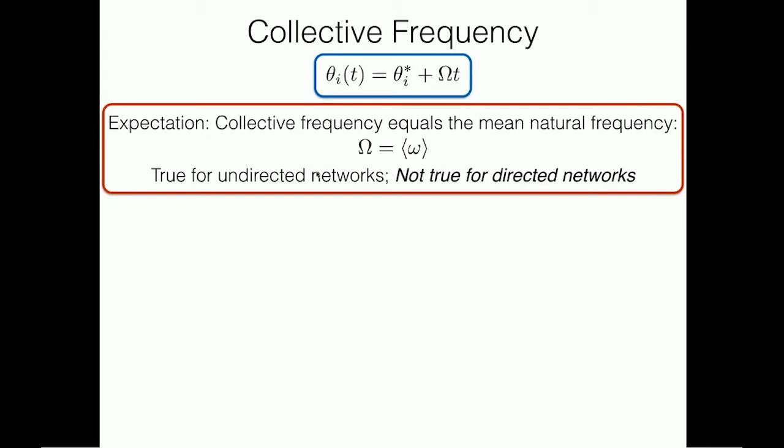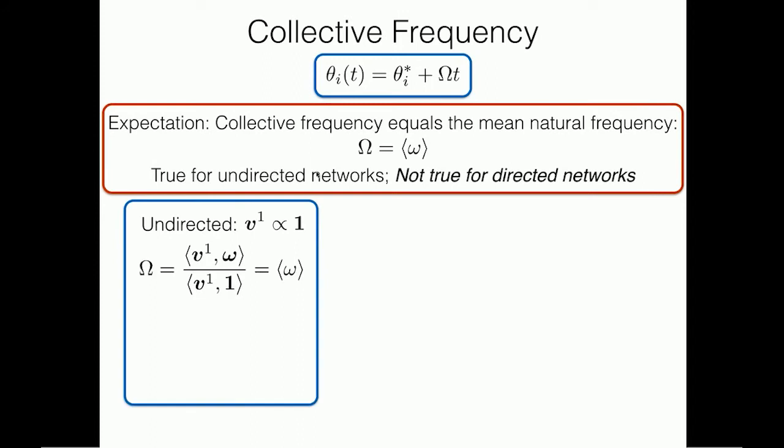So the reason for this is actually quite simple, and again, I won't show any of the mathematical details here, but in the undirected case, your trivial eigenvector is just constant. And so the collective frequency, you can calculate it as the ratio of these two projections, the frequency vector onto this eigenvector, and then the sum of the eigenvector entries, and that's just a mean at that point because the eigenvector is constant.